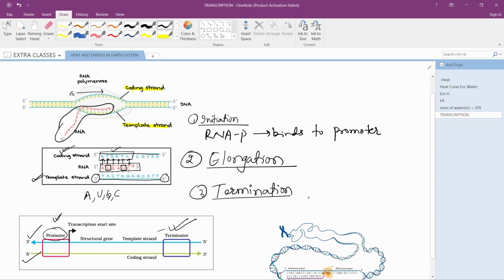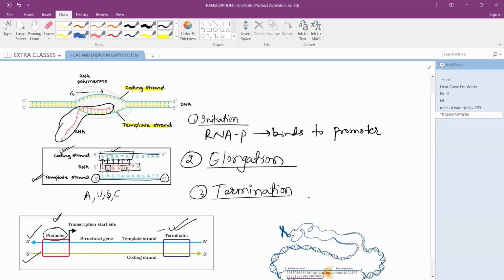But in eukaryotes, you will see post-transcriptional modification, that is capping, polyadenylation, and splicing processes. Have you ever heard about these terms, capping, polyadenylation, and splicing? No.